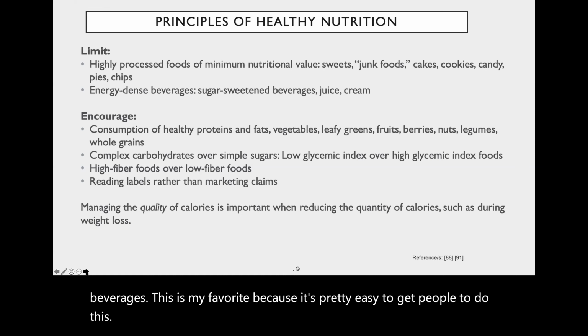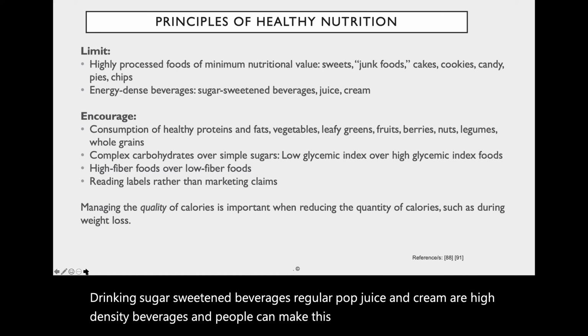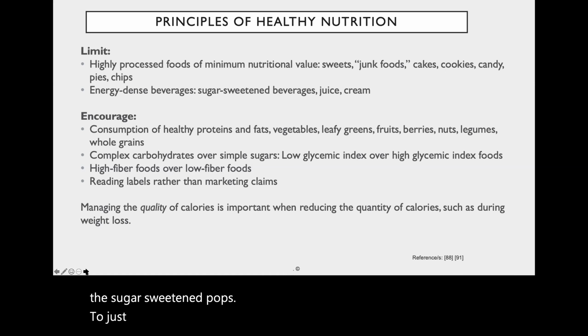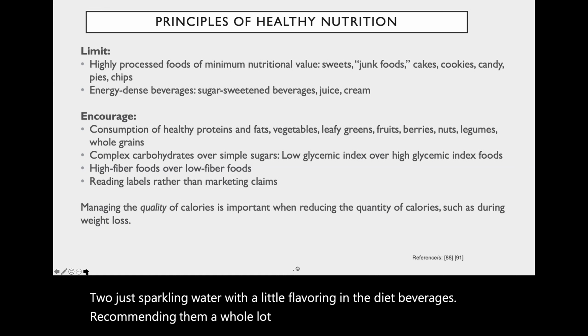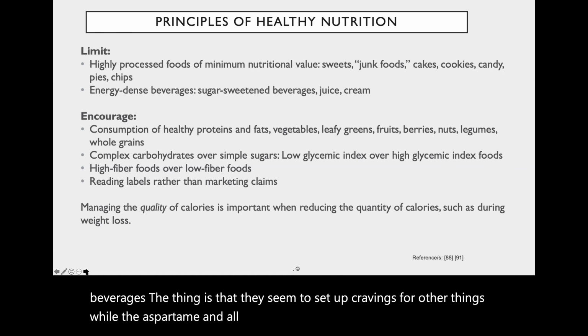Drinking sugar sweetened beverages like regular pop, juice and cream are high density beverages, and people can make this conversion pretty easily from the sugar sweetened pops to just sparkling water with a little flavoring in it. The diet beverages, I'm not really recommending them a whole lot, but it's better than sugar sweetened beverages. The thing is that they seem to set up cravings for other things, the aspartame and all that stuff. They probably aren't harmful. It's sure better than drinking sugar.